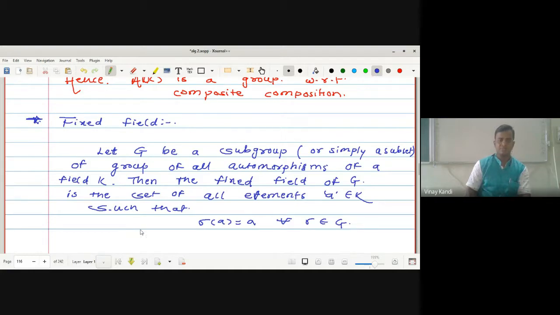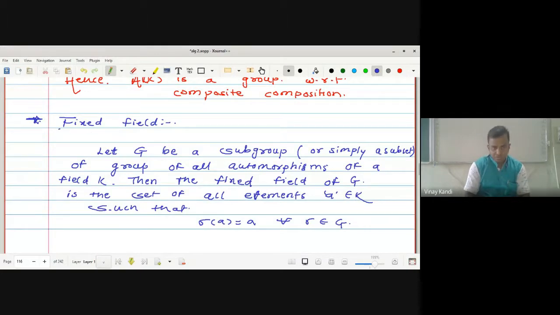What is this fixed field? Look at it. Let G be a subgroup of the group of all the automorphisms of a field K. Then the fixed field of G is the set of all the elements a belongs to K.